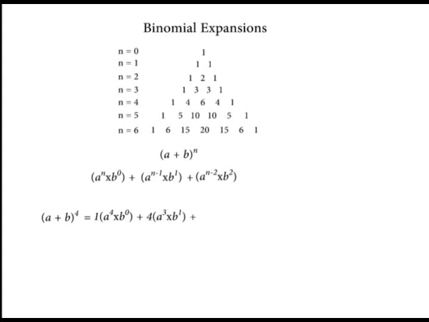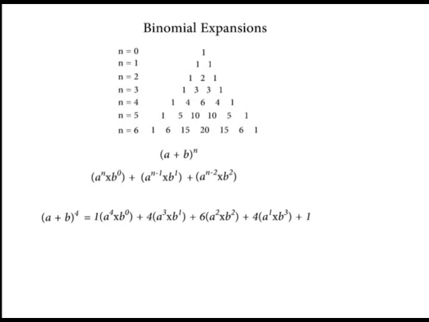Plus third terms, coefficient is 6 from the Pascal triangle. A will now be raised to the power of 2 times b raised to the power of 2. Fourth terms, the coefficient is 4 times a raised to the power of 1 times b raised to the power of 3. Finally, the last terms, coefficient is 1.